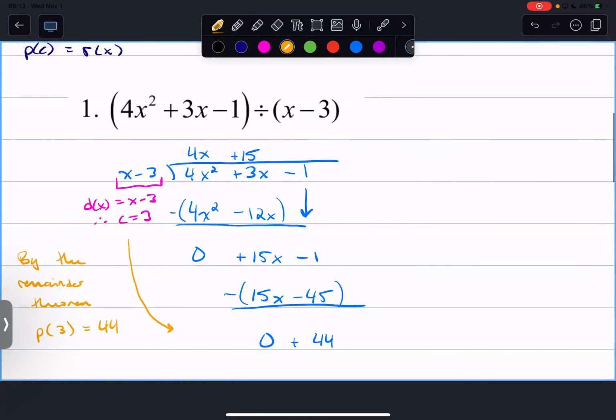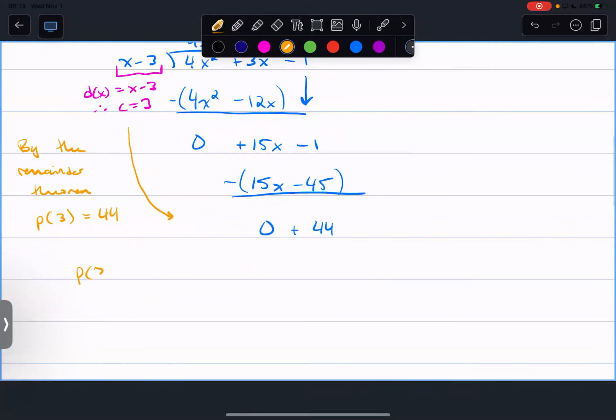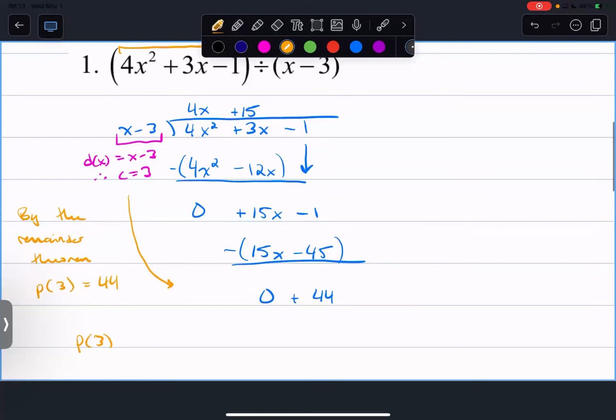Remember that this is p of x, your original polynomial. And I'll put this here, d of x. So we can check it. Let's see here. p of 3 is, try to have them on the same screen here, 4 times 3 squared plus 3 times 3 minus 1.